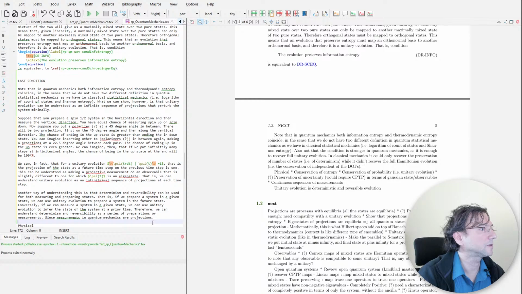Since measurements in quantum mechanics are projections, it makes sense that we can understand unitary evolution as a sequence of projections.